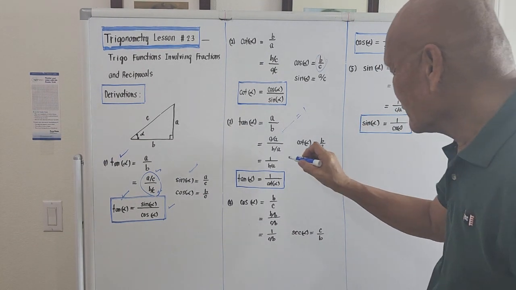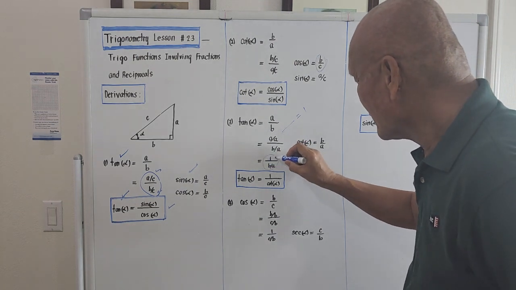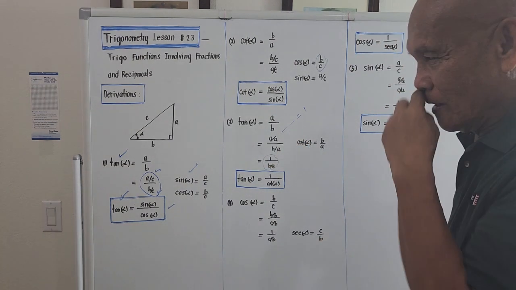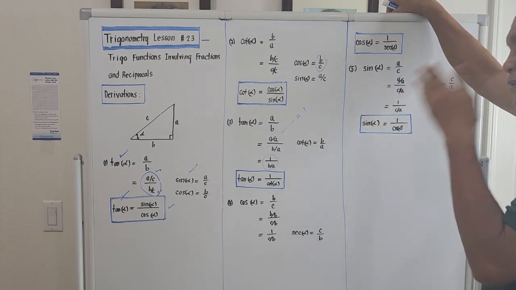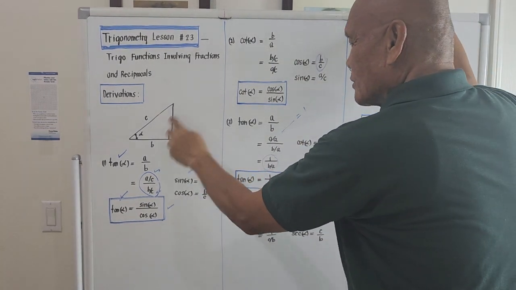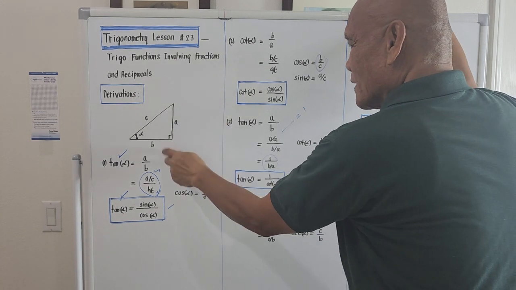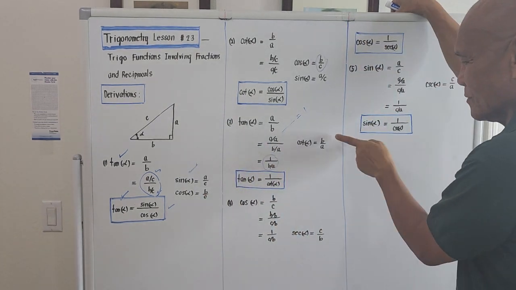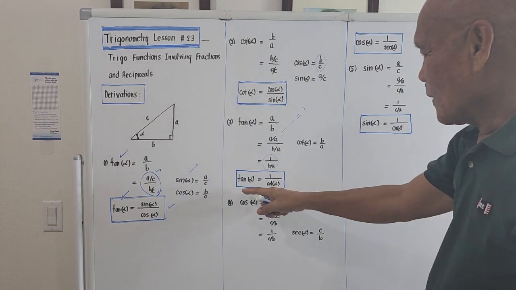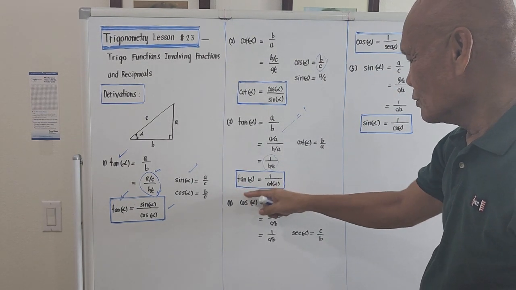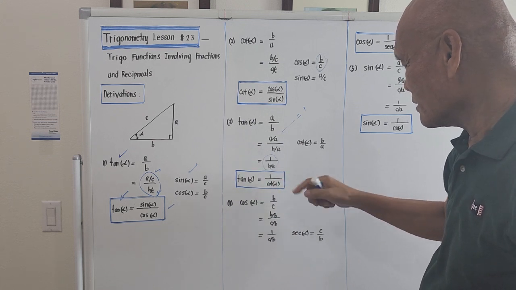So what will come out? It will be 1 over the ratio B over A. But if you go back to the given right triangle, the ratio B over A is cotangent. And here, we place B over A to be cotangent of alpha. Therefore, tangent of alpha now should be equal to 1 over cotangent of alpha.